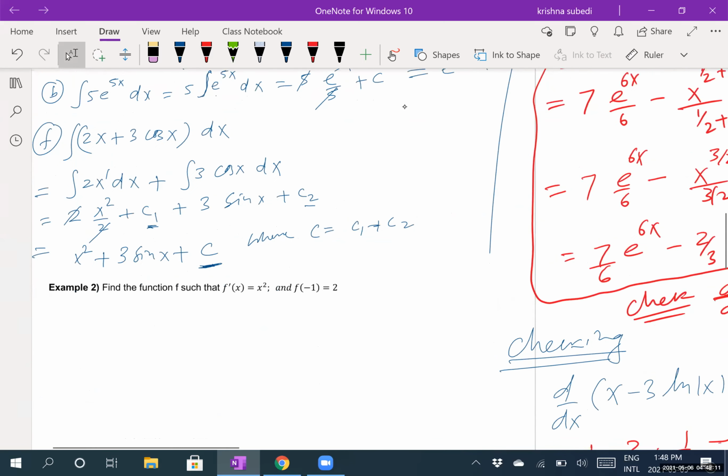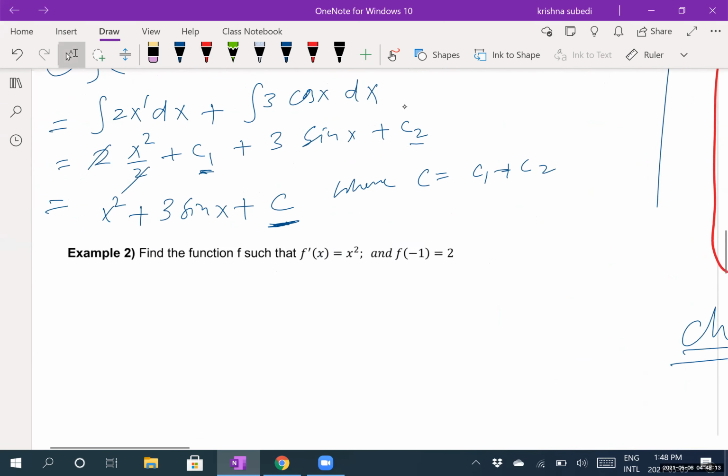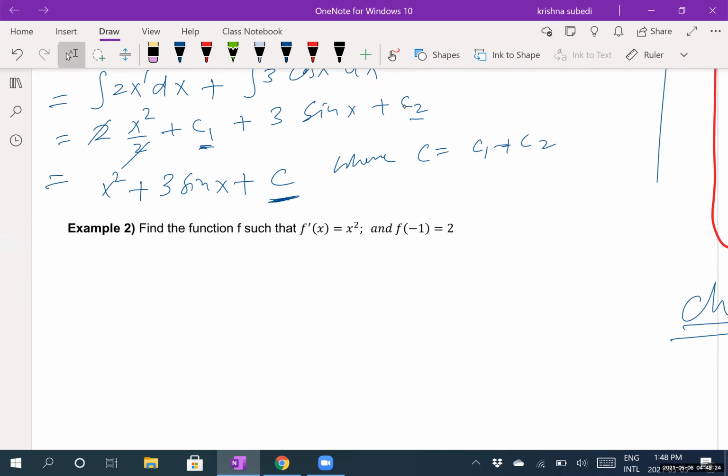Now let's look at example 2. Find the function f such that f prime of x, the derivative, is given, and an initial value is also given. It is called an initial value problem.